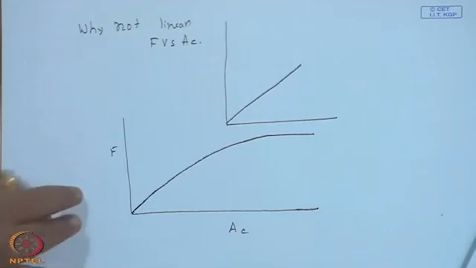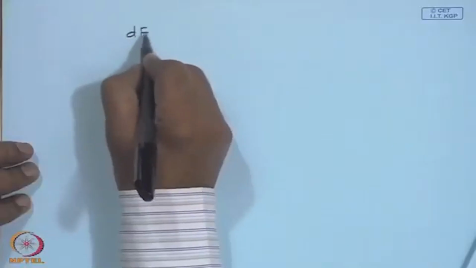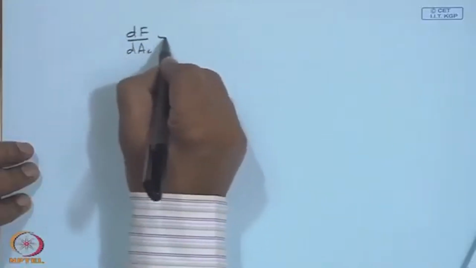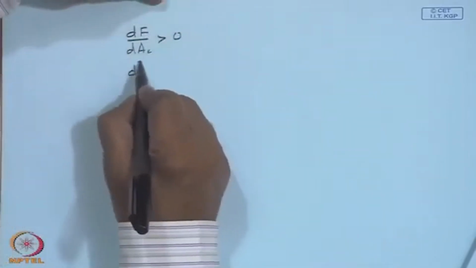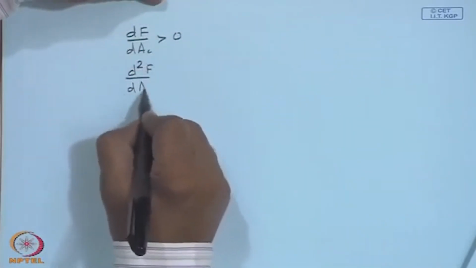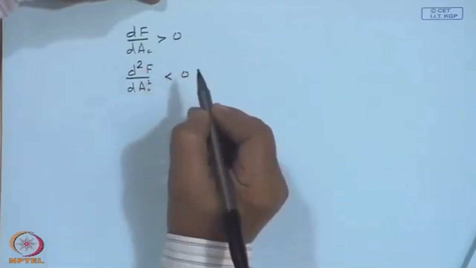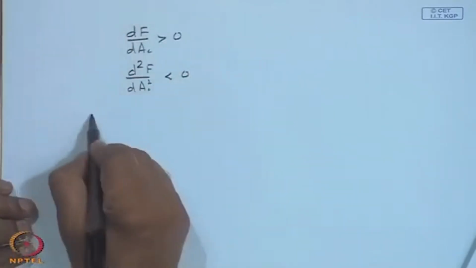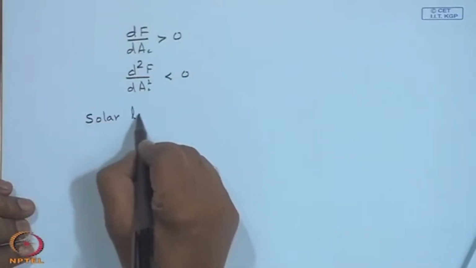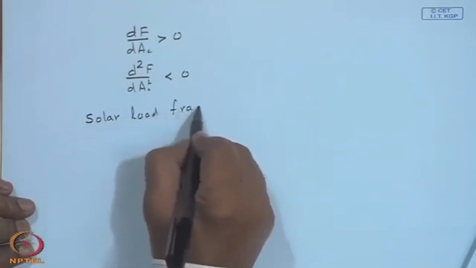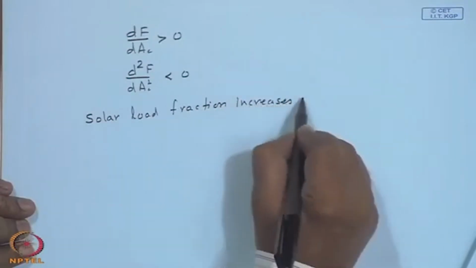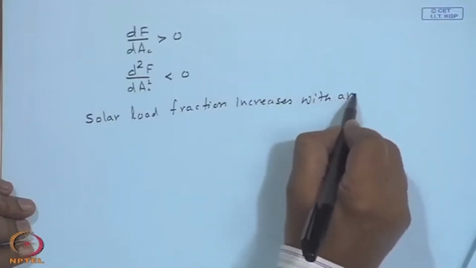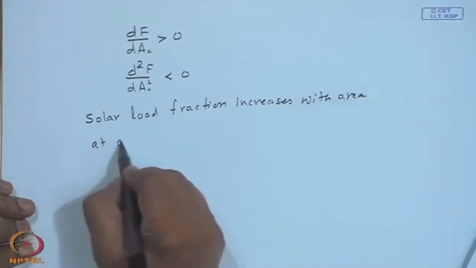So, this is, let us say, in a mathematical sense, dF upon dAc no doubt is positive, otherwise you won't put any additional area, but the second derivative is negative. In other words, solar load fraction increases with area at a decreasing rate.